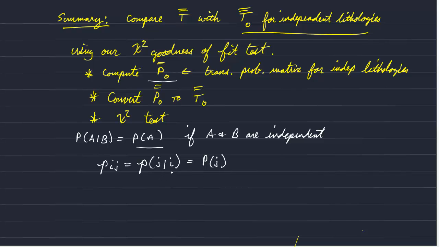So if this is the case, that is, if state i is independent of j, then the ijth component of the probability transition matrix for independent states is simply equal to p, the probability of each lithology. Right, we're solving for P sub 0, the case in which all the lithologies are independent, and we have to find each component of it, little p0 sub ij.